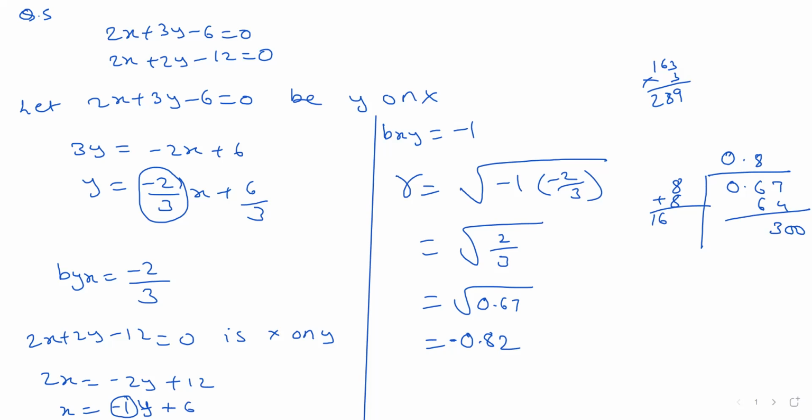This is 300. I can only take it in double. It's only 161 into 1. If I still do it, it will be something better than this. So 300 minus 161.